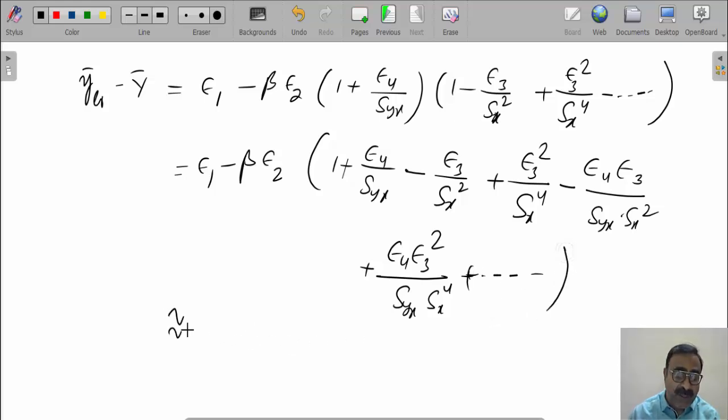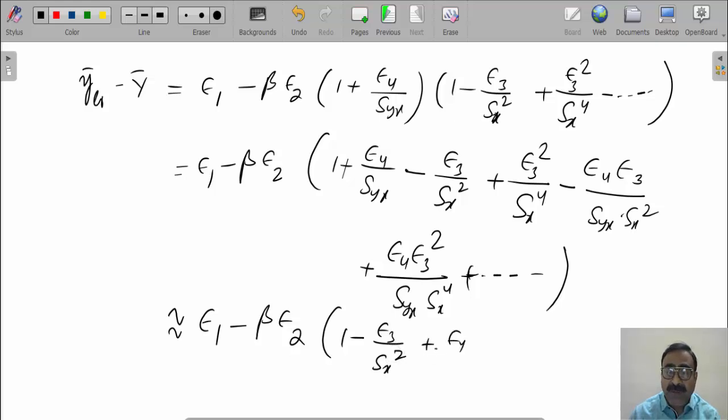Now this is approximately equal to ε1 minus β ε2 into (1 − ε3 by S_x square + ε4 by S_yx) plus order of ε to the power 3.